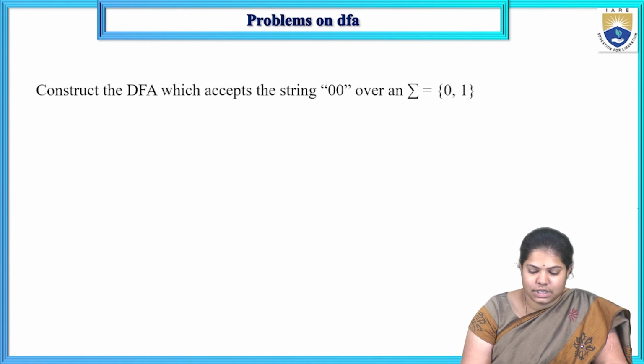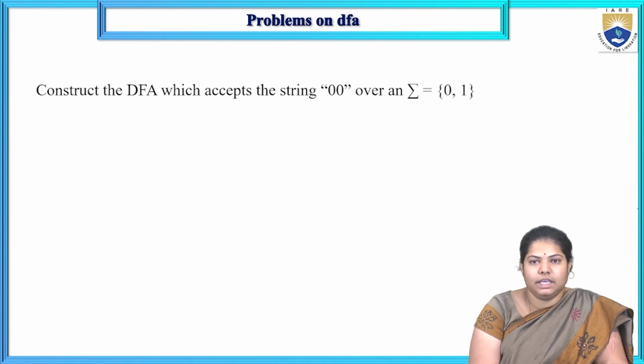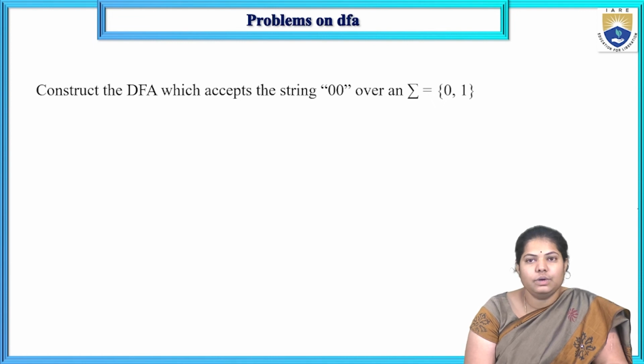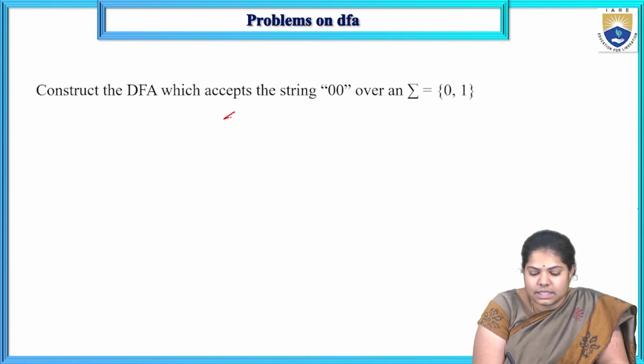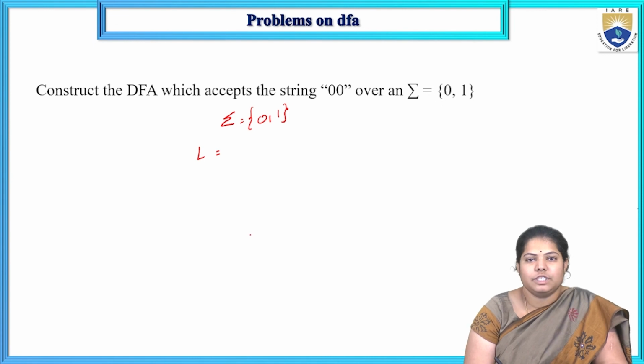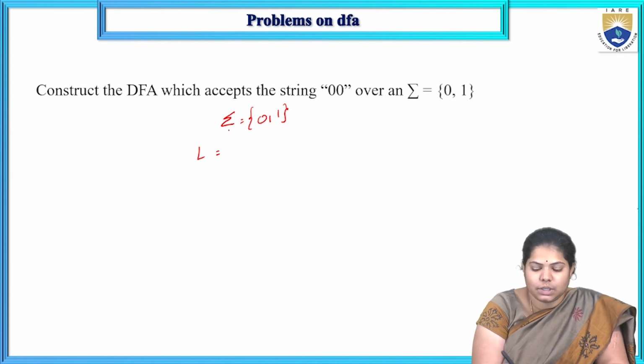The next question is: construct the DFA which accepts the string 0 0 over the input symbols 0, 1. Here my task is first recognizing the input symbols 0 and 1, and writing the language based on the question.